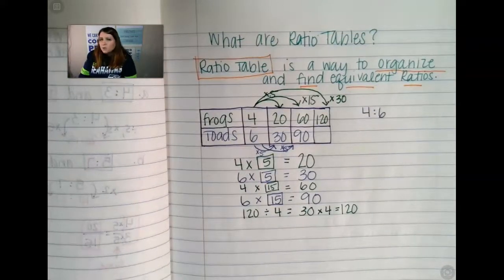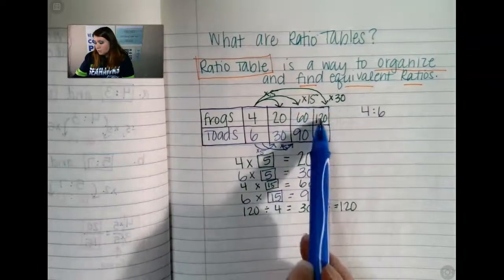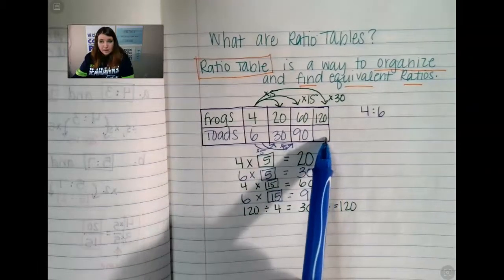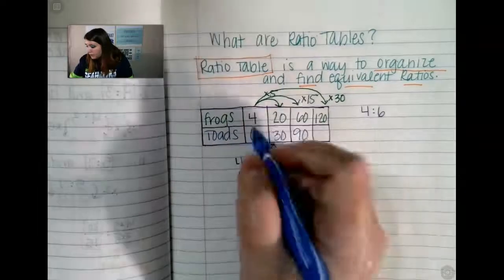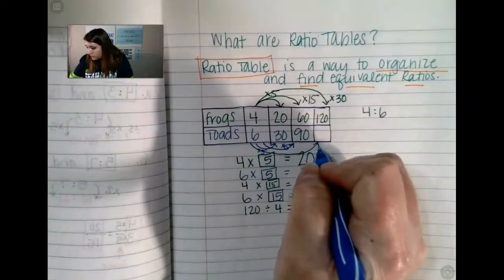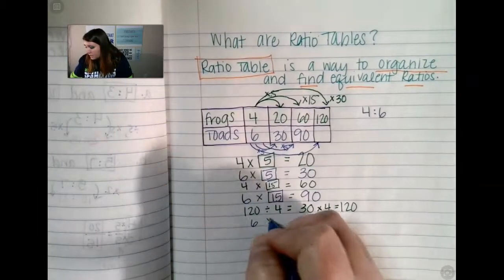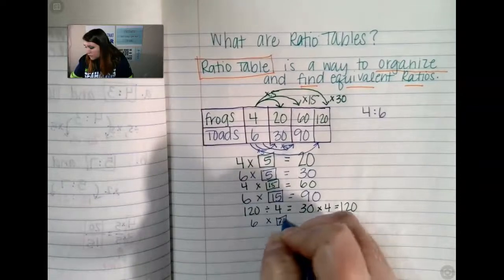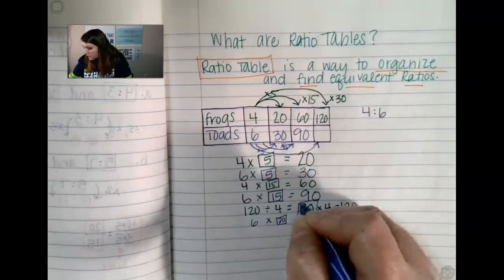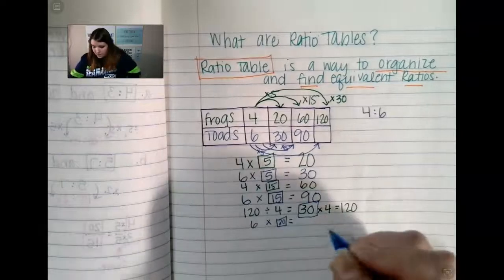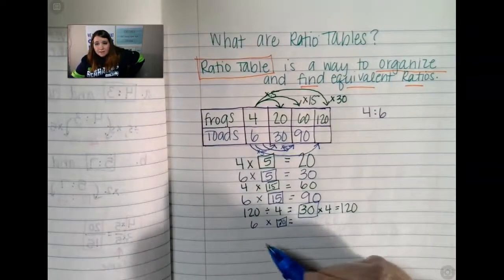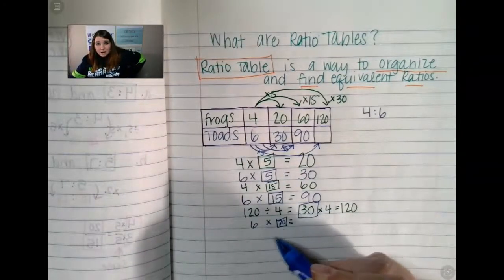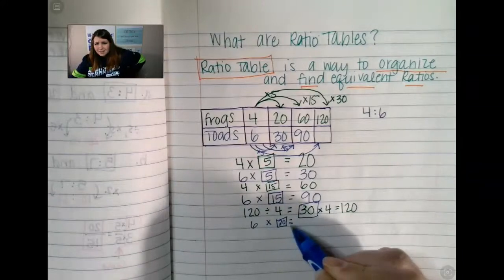Well, if I multiplied by 30 on the top, I have to multiply by 30 on the bottom. And I know that 6 times 30 gives me 180, because 6 times 3 is 18, plus a 0, that's 180.